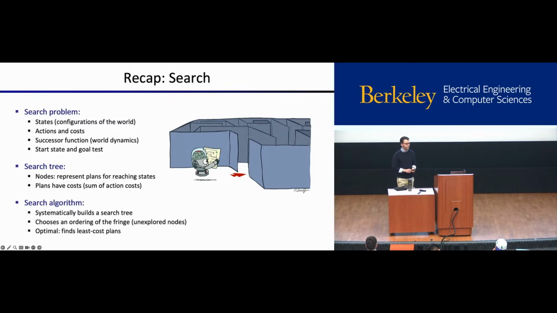But when we're doing all this, we have to remember that we're wearing two hats. The first hat that we're wearing is the problem designer hat. We look at the complexity of the world, and it has all this information in it, and we want to distill that into the core of the planning problem. And then the second hat is the search algorithm designer hat.